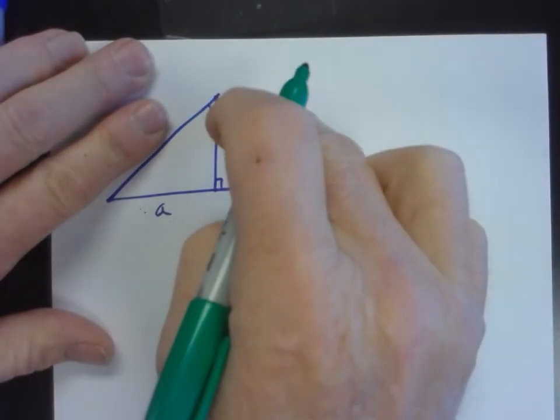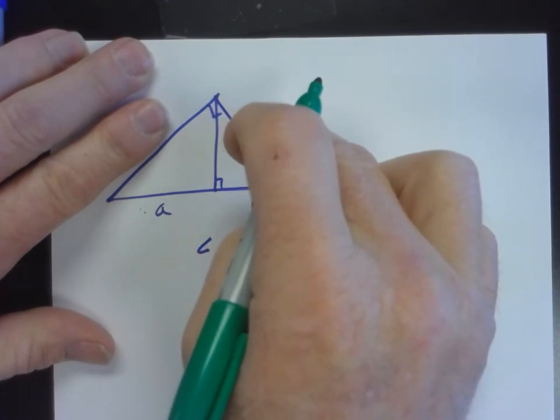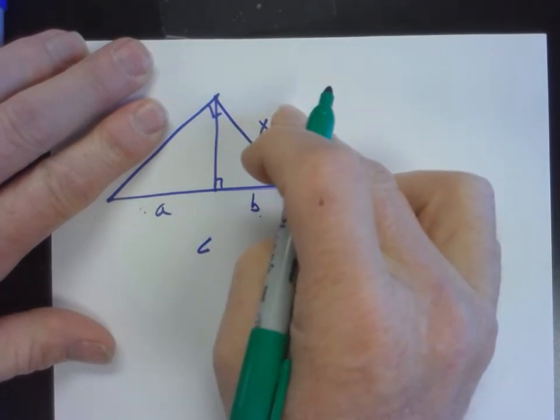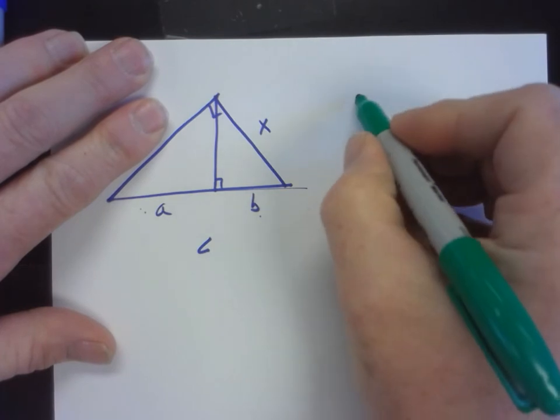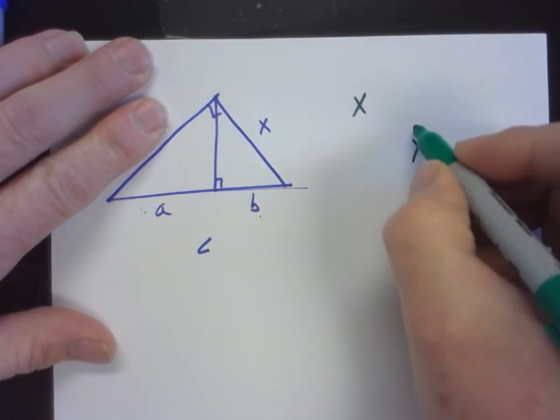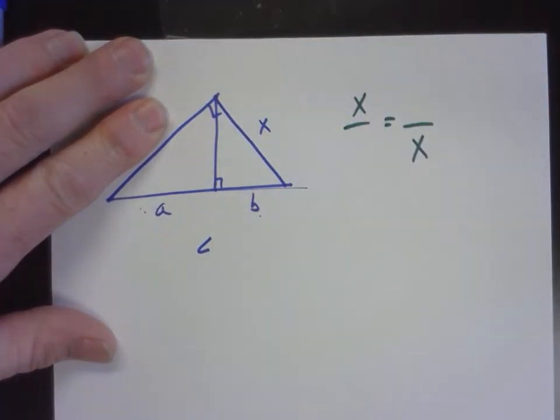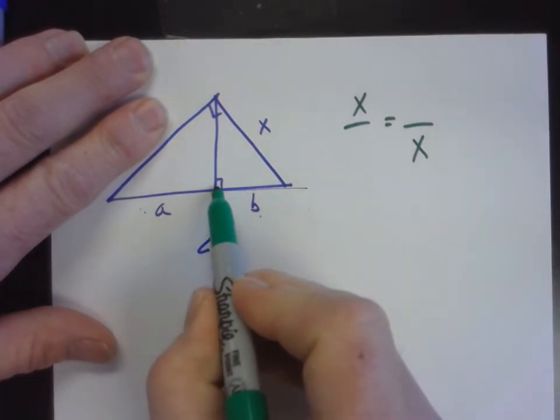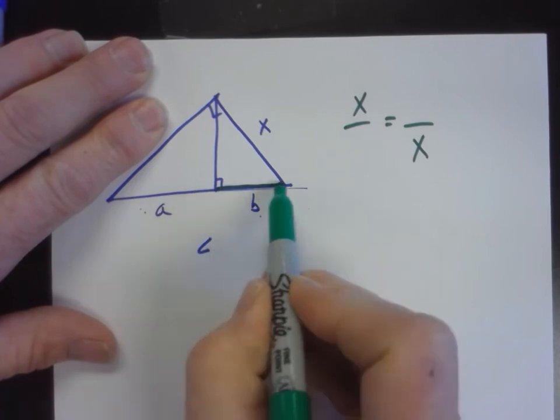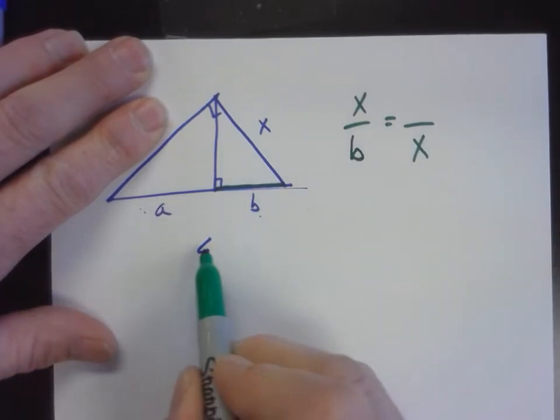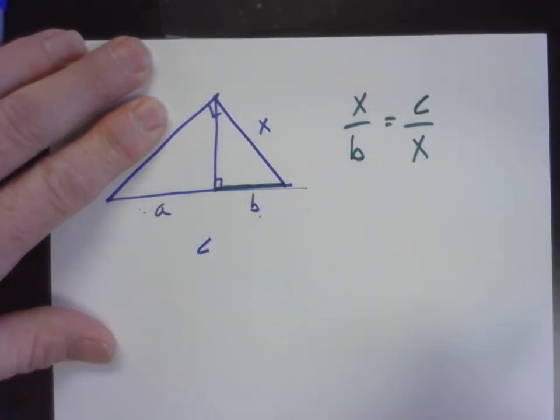X, that leg right there, this is called the geometric mean leg theorem. That leg is the geometric mean. See, I used it twice. That leg is the geometric mean of the piece of the hypotenuse that's connected to it and the entire hypotenuse.